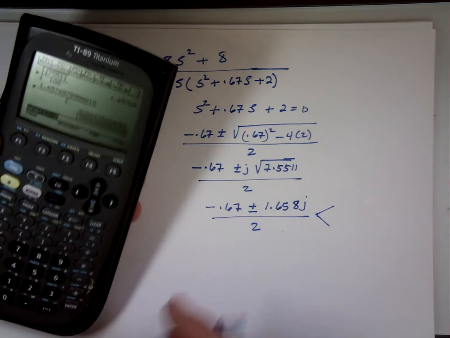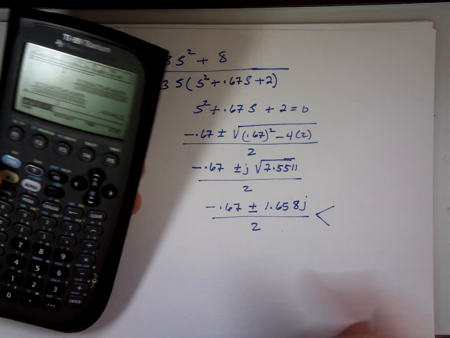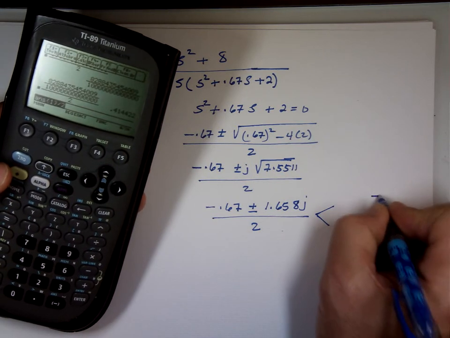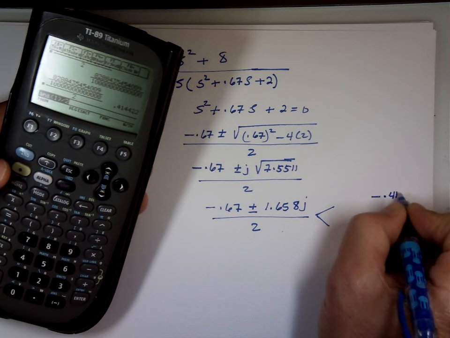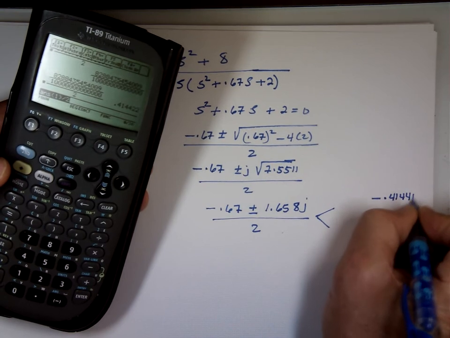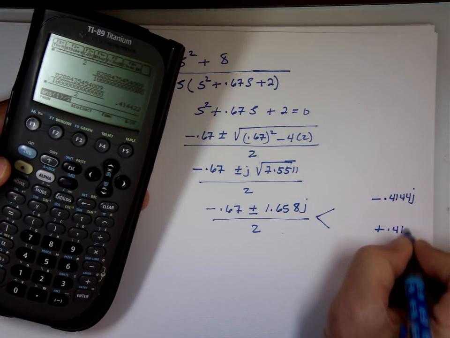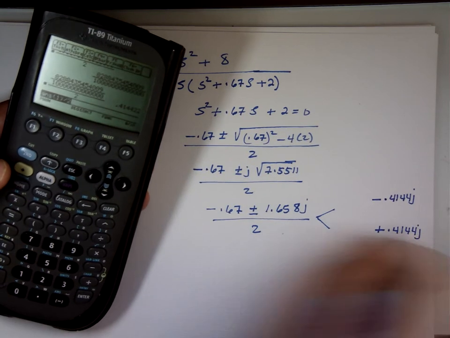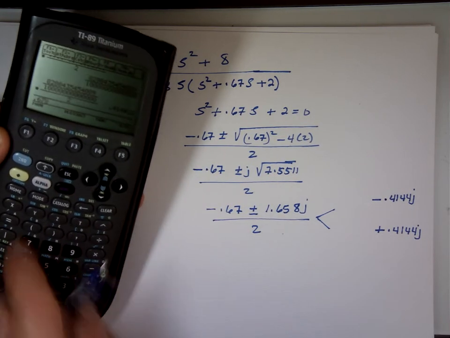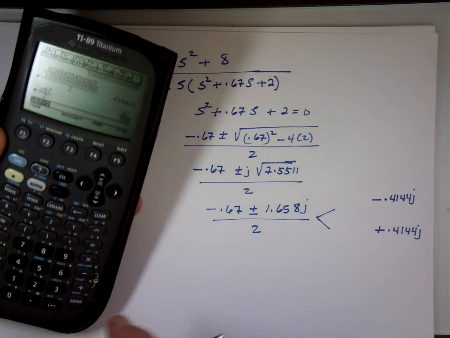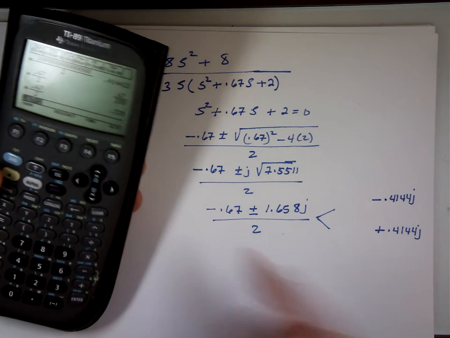One of them will be minus 0.4144J. There's something in the front, I just didn't do it yet. This will be plus 0.4144J. And what's 0.67 divided by 2? 0.335.